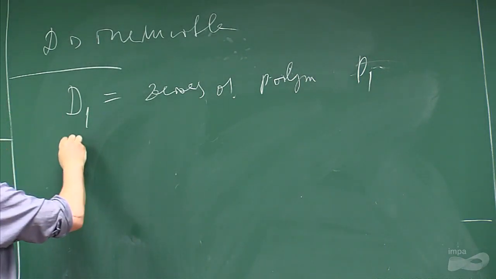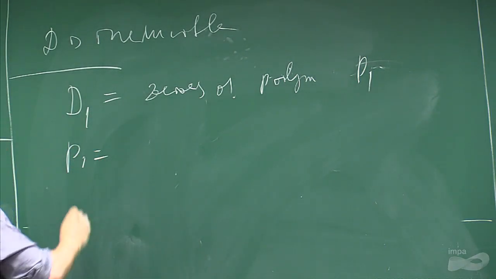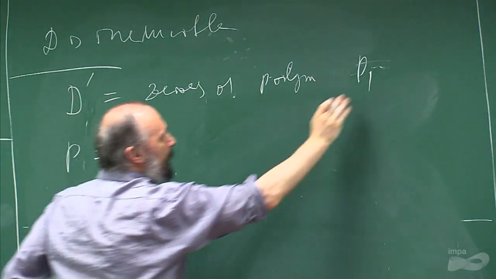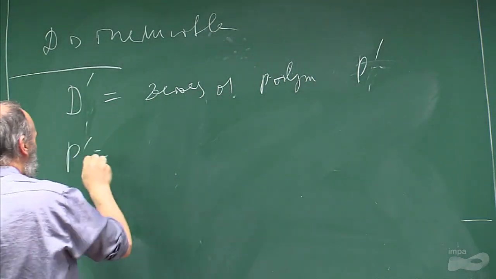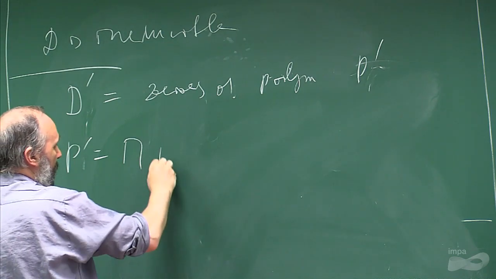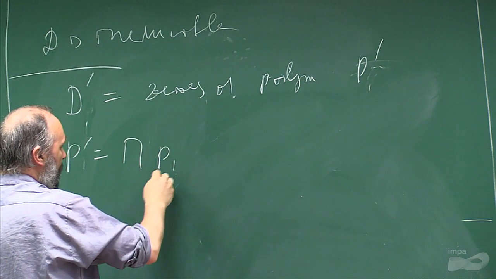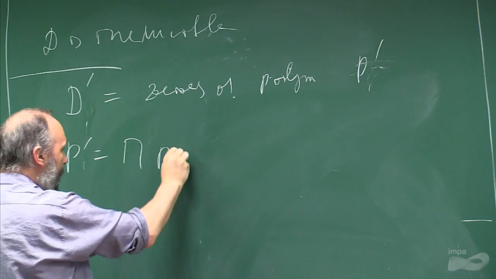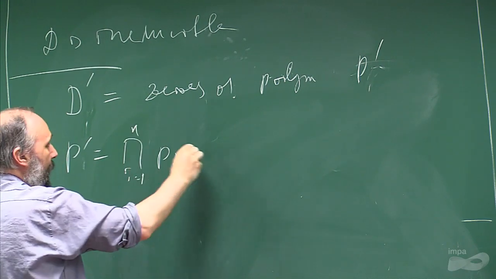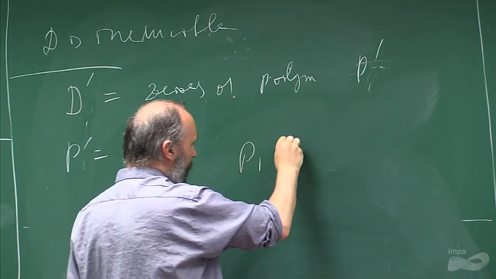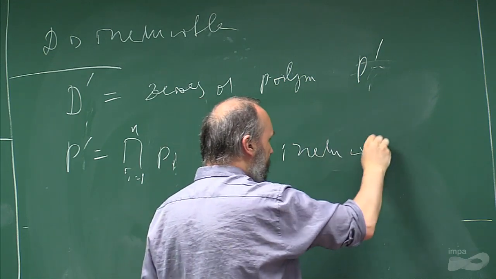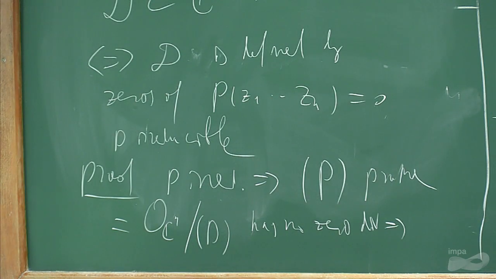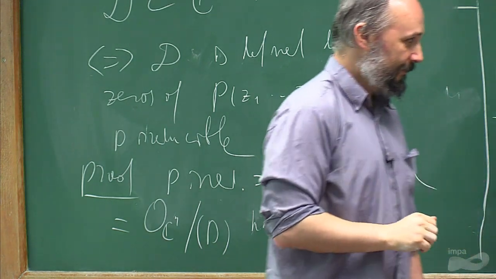Okay, then p1 is a, well, D prime, p prime is a product of pi, i equal 1 to n, where pi are irreducible. Well, you can also have alpha, it doesn't matter.